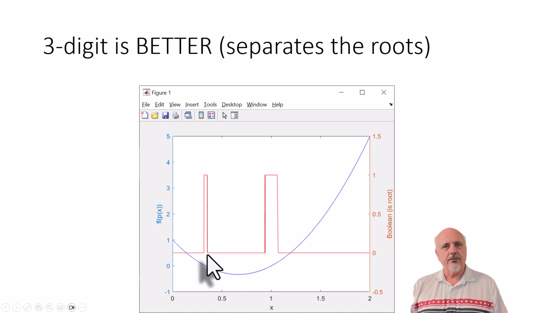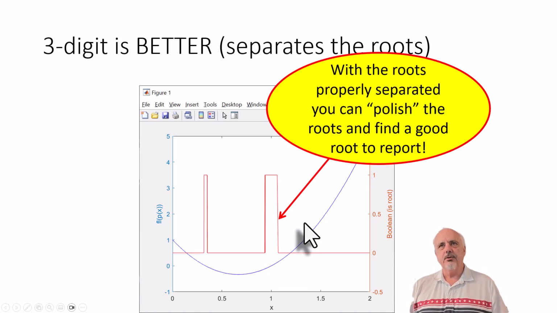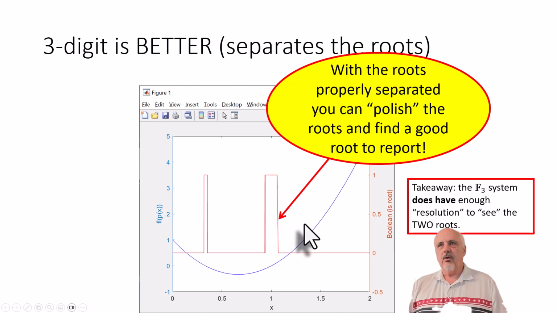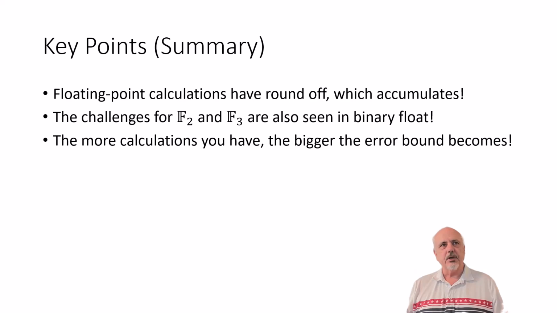There's a swath near 1/3, and there's a swath near 1. So I definitely see the 2 roots, and I can even polish them after that. Okay, so the takeaway here is that the F3 system does have enough resolution to, quote unquote, see the 2 roots.